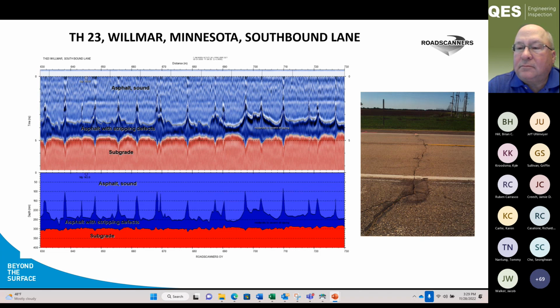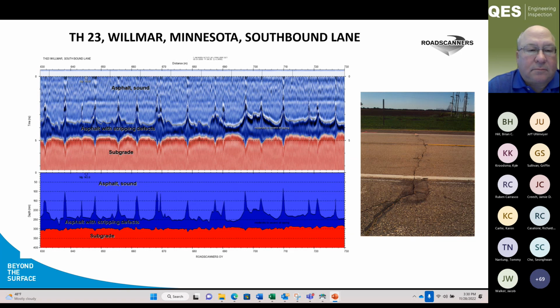On the dark blue you can also see the velocity or dielectric value of the stripped material when it's wet, so it's much higher, so you see peaks down. But when you do the correction with the distances, which is on the lower graph, then you see very typical stripping that we've been working with, which is full depth asphalt lying in a wet subgrade.